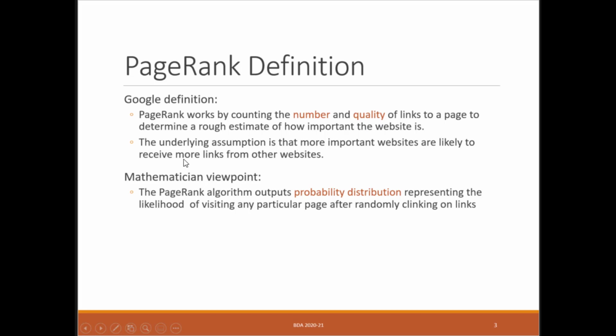The rationale behind this algorithm is that more important websites are likely to receive more links from other websites. If we look at the algorithm from the mathematician's viewpoint, PageRank can be categorized as a probability distribution problem.